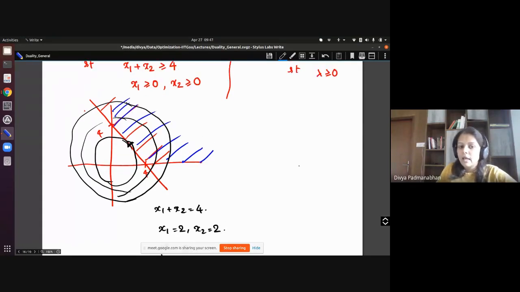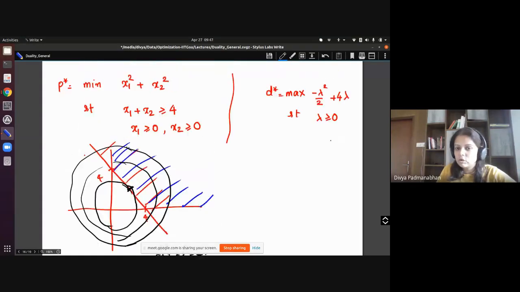Okay, and yeah, so now in terms of the dual, this is also something we solved earlier. And what we did was we ignored this constraint, lambda greater than or equal to 0. And then we get that lambda is equal to 4. Okay, so this is the optimum value of lambda.